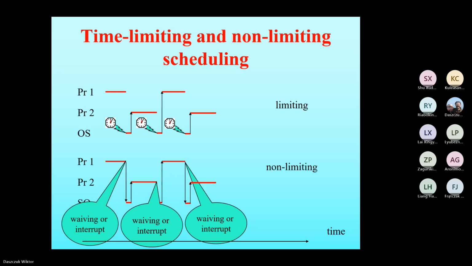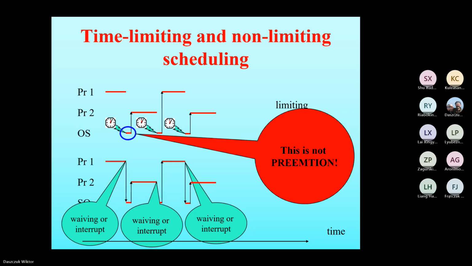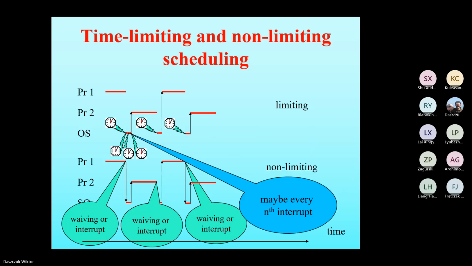When timer interrupt causes taking back the resource, it is limiting. It is not preemption. Okay. Sometimes it is not every interrupt, but every end interrupt.